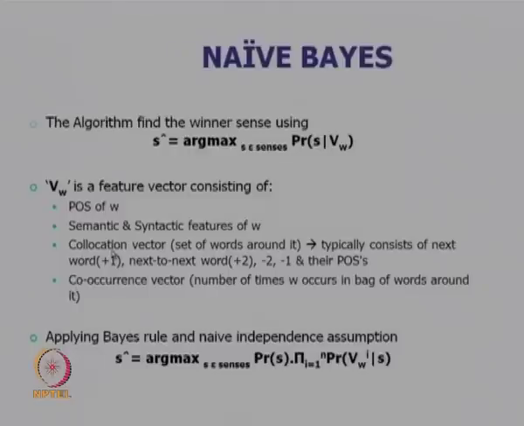Okay, so, collocation vector consists of these things, and co-occurrence vector is the number of times W occurs in a bag of words around it. Okay, so, co-occurrence vector typically consists of numbers. Collocation vector on the other hand consists of the actual words around the target word.